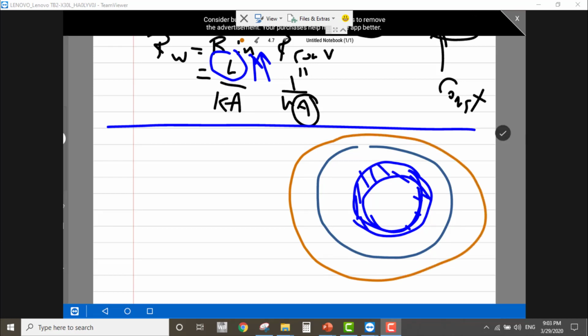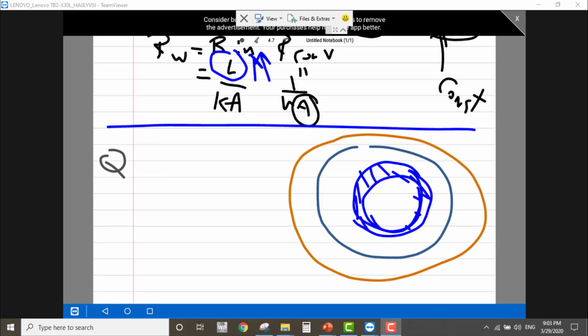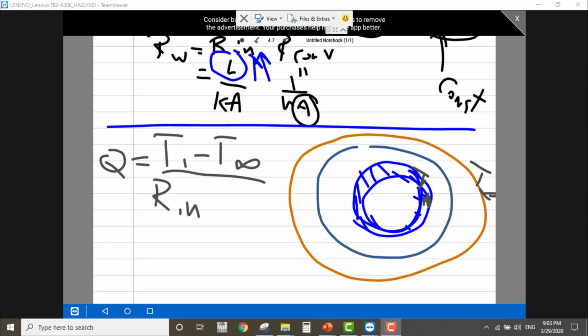Okay, so I want to write the equation. So Q equals T1, this is T1, here between the cylinder and insulation. Okay, and here we have T infinity outside. So T1 minus T infinity over R insulation plus R convection.